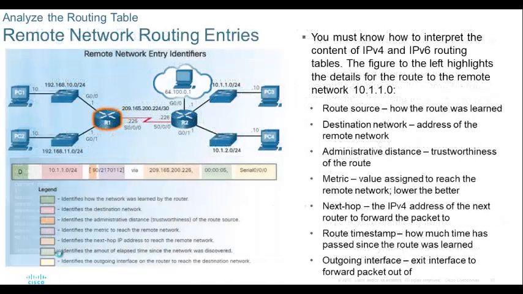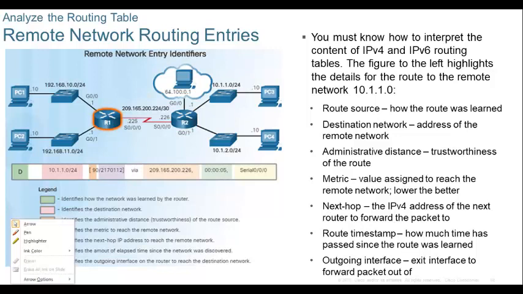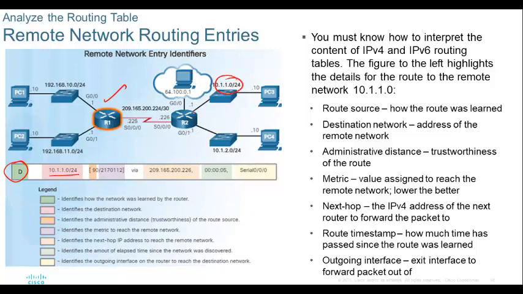Now, look into this routing table. It's the routing table taken from router 1. It says D, DUAL algorithm, means EIGRP has given a route to reach this network 10.1.1.0, this network here.